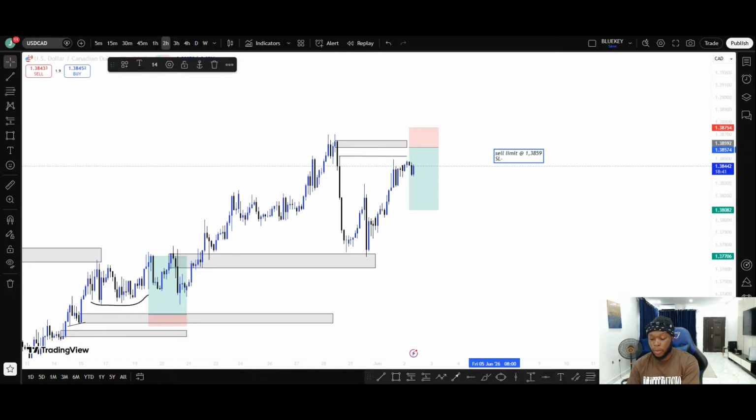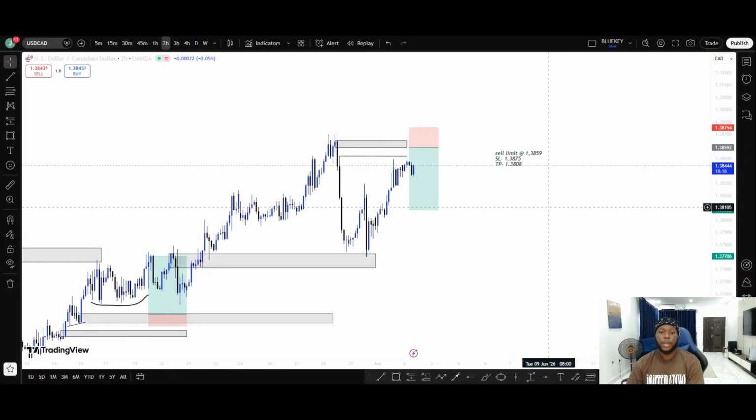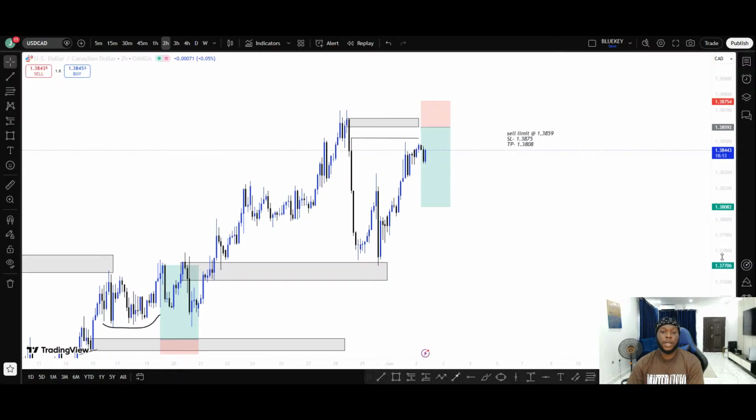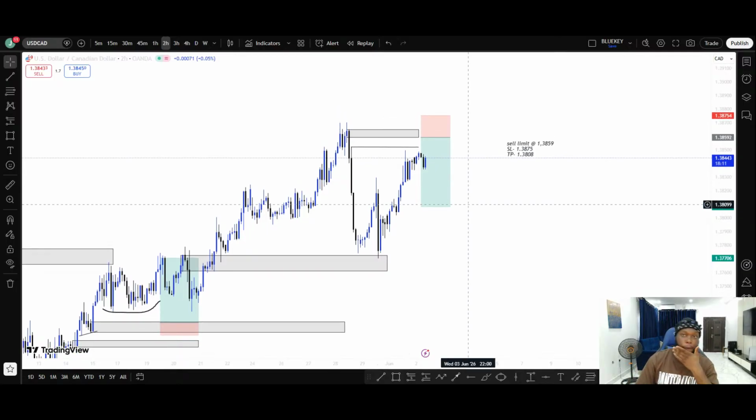SL is at 1.3875. TP is at 1.3808. Yeah, so these are the coordinates for the USD CAD currency pair.